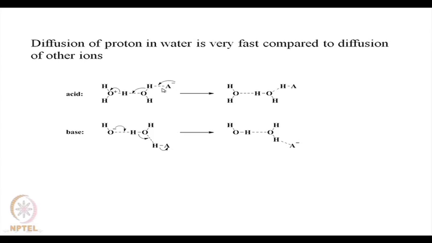Net there is a two step jump, although for other heavier ions this does not happen. Okay. So, this is for an acid, and for base you see that OH minus is snatching this proton, and effectively as if this proton has been snatched through this water hydrogen bonding.